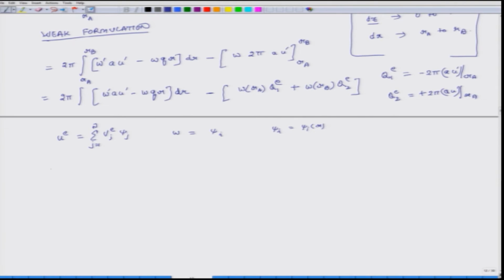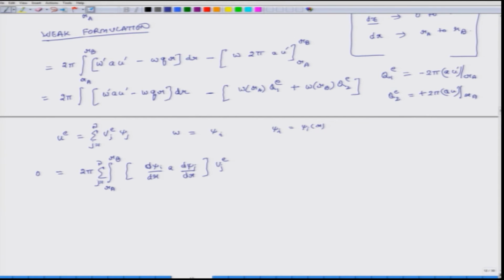So, using this I get 0 equals 2 pi integral from R A to R B of d psi I over dr, d psi j over dr times U j of E, summing it up over j.